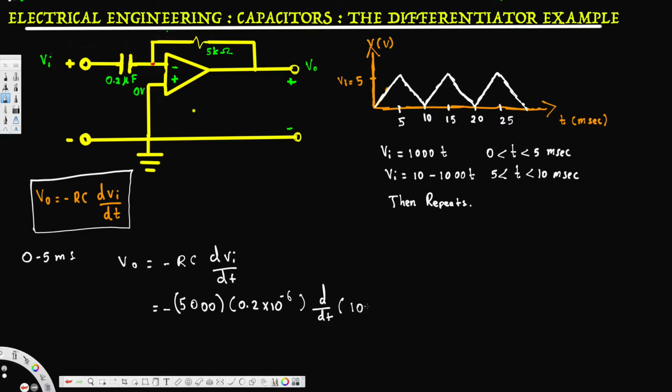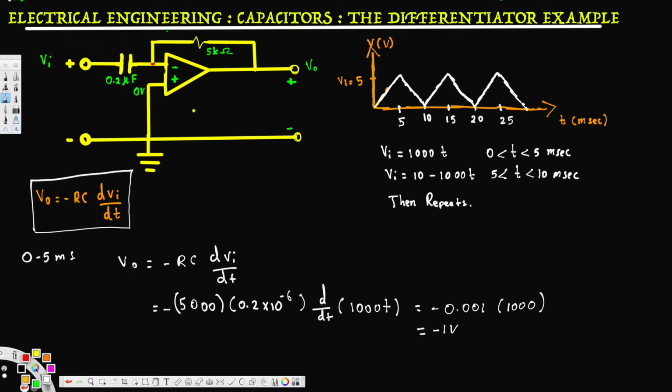So this is going to be 1000 t, and if we differentiate this, that's going to be just 1000, because t will be eliminated. Here we are going to get negative 5000 times 0.2 times 10 to the power minus 6, that's going to give us negative 0.001 multiplied by 1000. That's going to give us negative 1 volt.